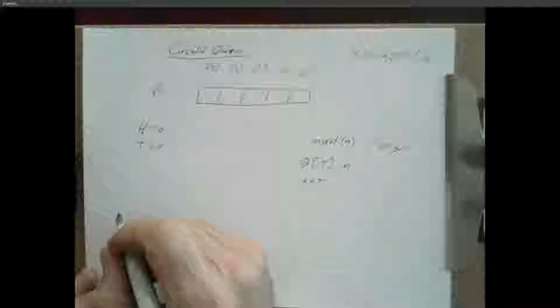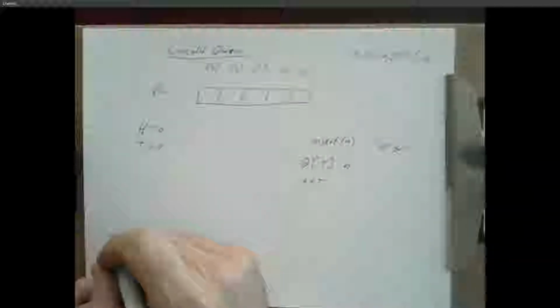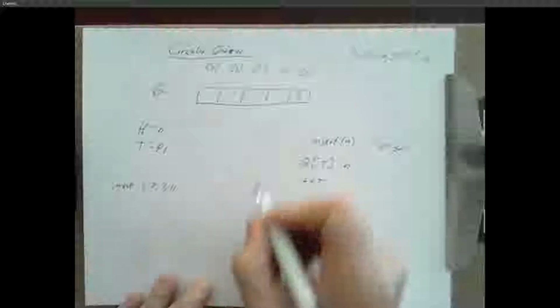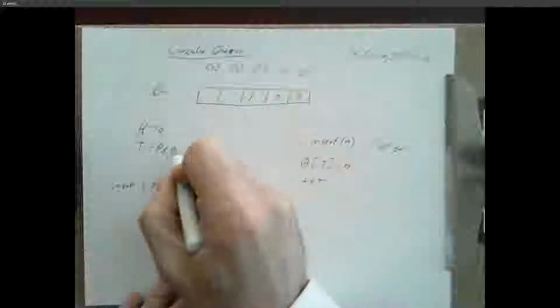So do you make the head and tail equal together? They start off equal together, yeah. So let's insert prime numbers. So let's insert 3, 5, 7, and 11. So we'll insert a 3 here. Tail will become 1. We'll insert a 5. Tail becomes 2. We'll insert a 7. Tail becomes 3. We'll insert an 11.